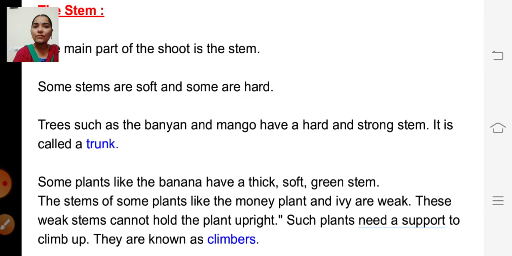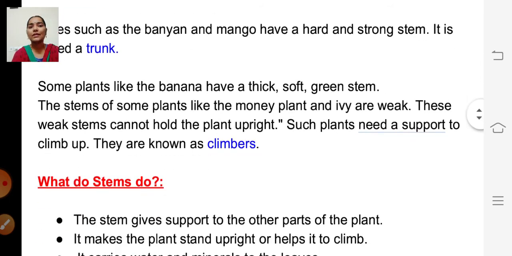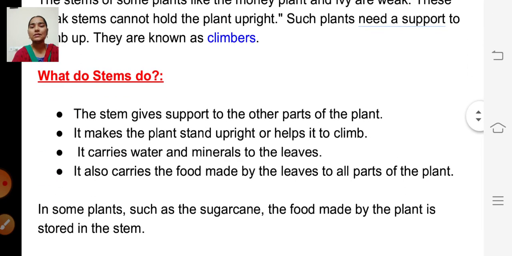The stems of some plants like the money plant and ivy are weak. These weak stems cannot hold the plant upright. Such plants need a support to climb up. They are known as climbers.